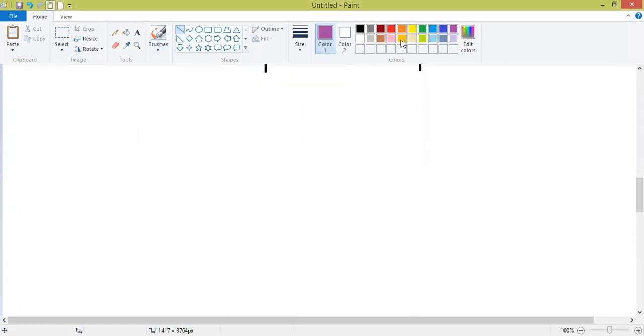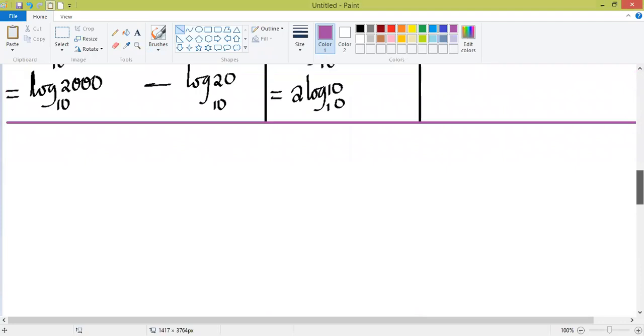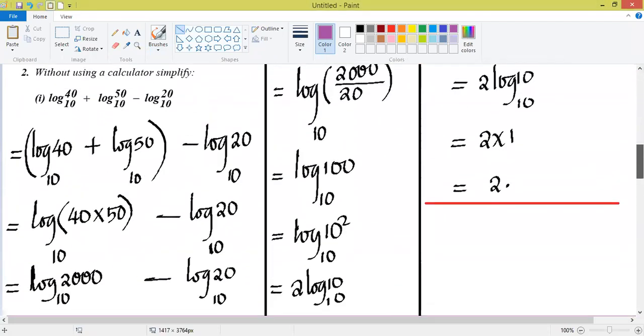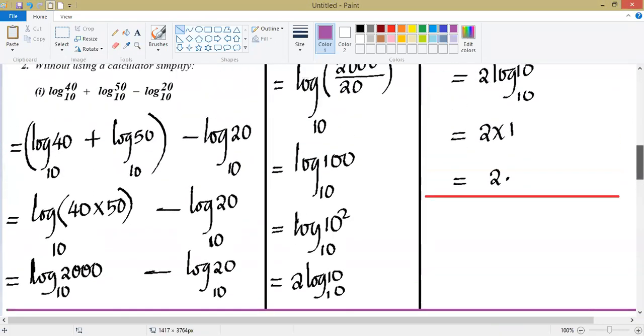Excuse me, sir. Who is that? Isaac. Yes, Isaac. Can a log be given with a number that's not completely divisible by the base given? Yes, it's possible.